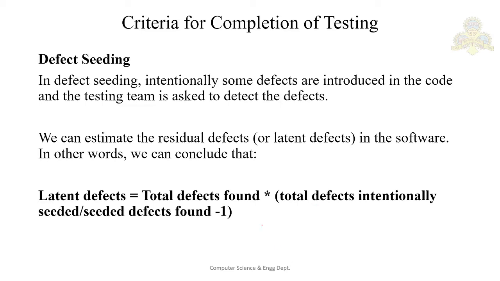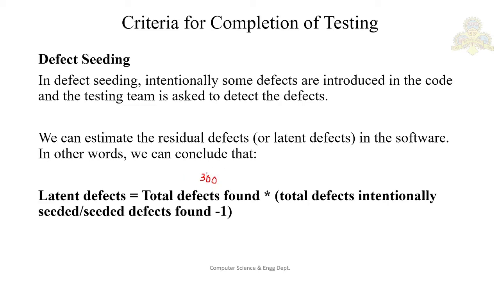Say, for example, during the testing you have found 300 defects in the software. So total defects found is 300. Suppose you have intentionally added 100 defects in the system, and out of that 100 you are able to find 90 defects.